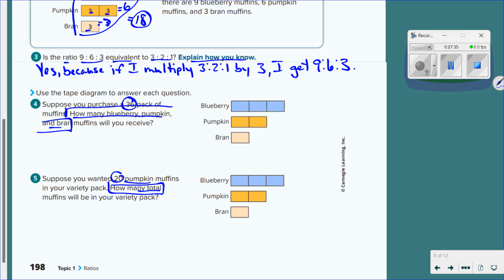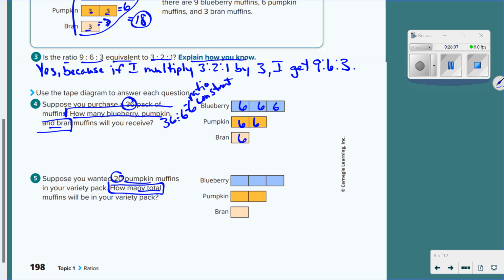Okay, guys, again, the whole key is they have to give you enough information to figure it out. They just need you to put it together. So on our first one, it said, let's say 36 pack. So am I looking at 3 boxes, 2 boxes, 1 box, or 6 boxes? 6, because it's all of them, right? So I take 36, and I divide by 6, and what do I get? 6. So that is my ratio constant. Once I have found my ratio constant, it literally goes in every box.